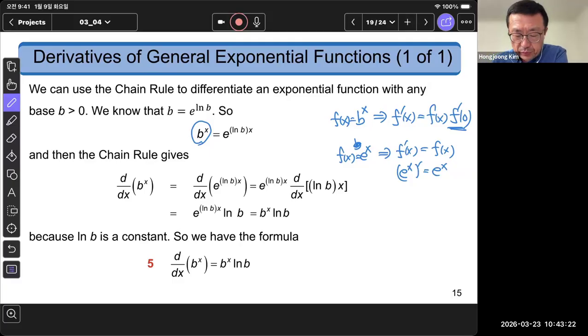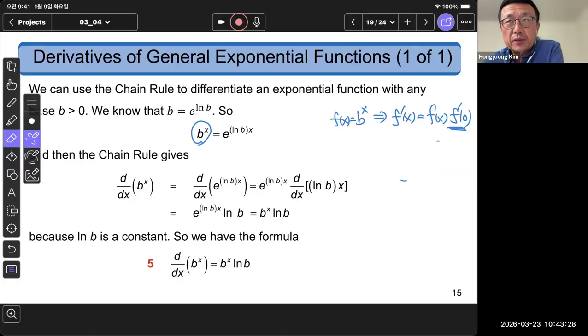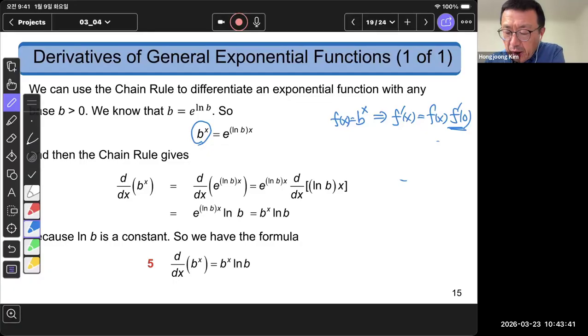So now, in this section, we want to consider the general situation, b to the x. Since we do not know this formula yet, we could apply some formulas regarding the exponential function. In case of the exponential function, we have several theorems and properties like this.